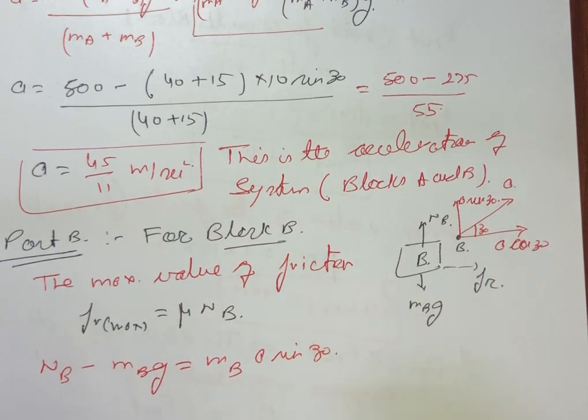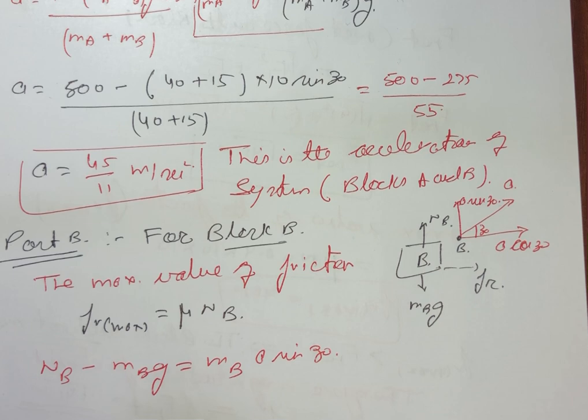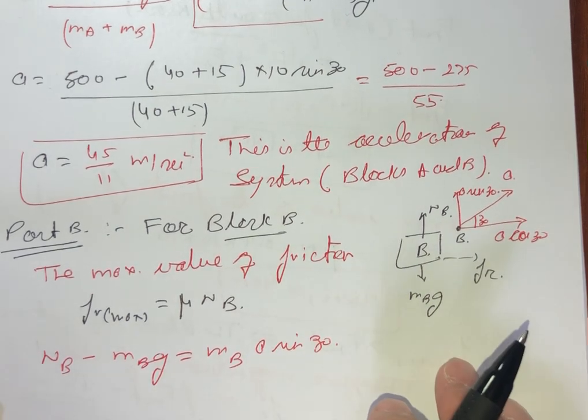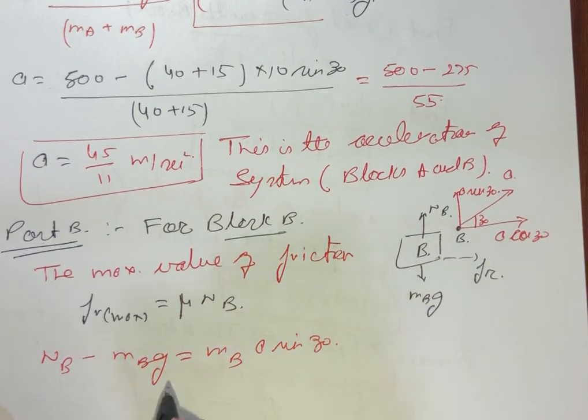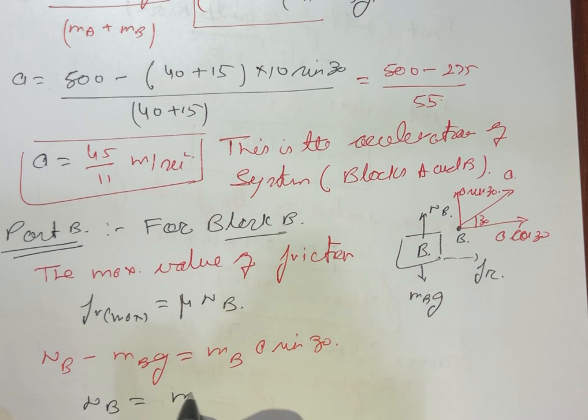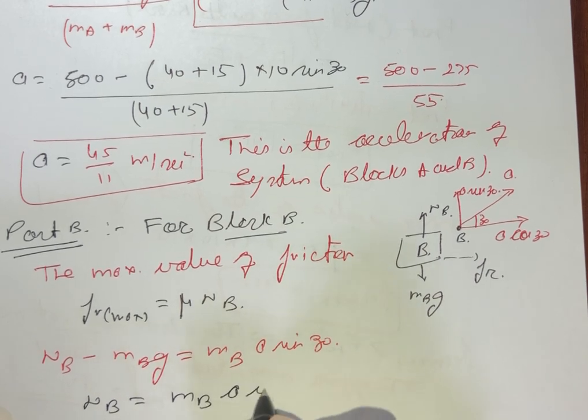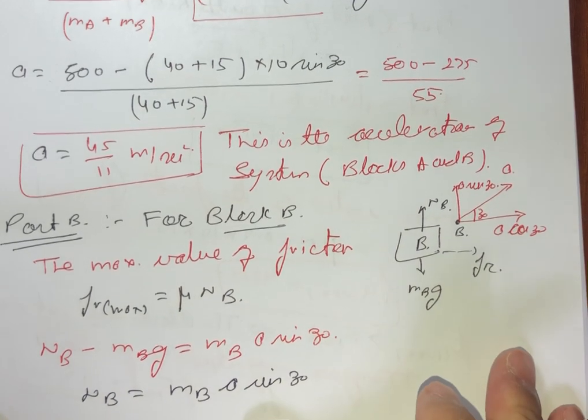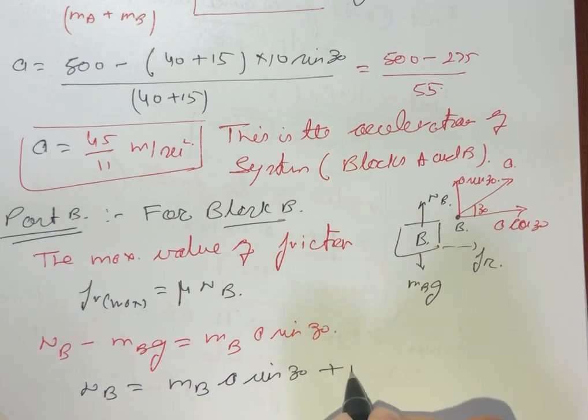This is the equation of motion for block B. From here NB will be equal to MB A sine 30 plus MB G.